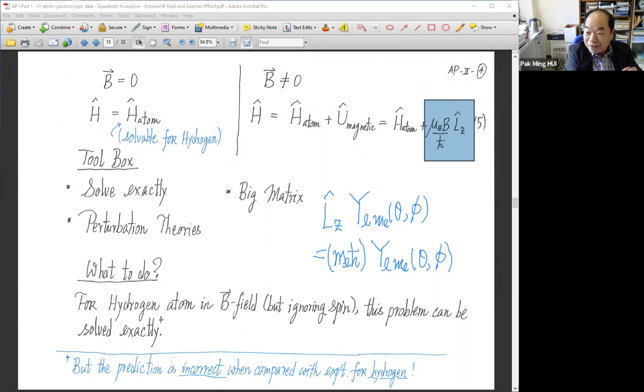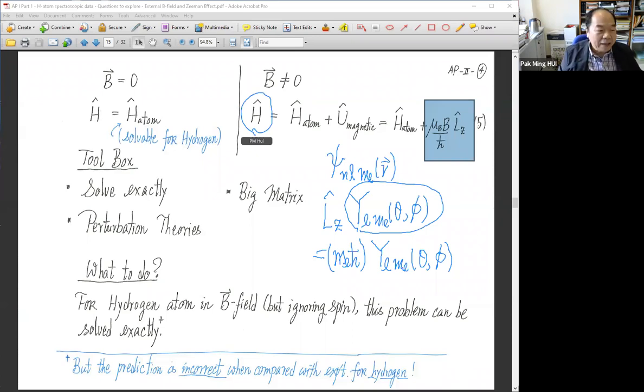If you know this, then it's much easier. And this thing appears in the hydrogen wave functions. Therefore, you know the solution to the hydrogen atom. Without doing anything, those solutions are also solutions to the new problem with a field. That is the point.